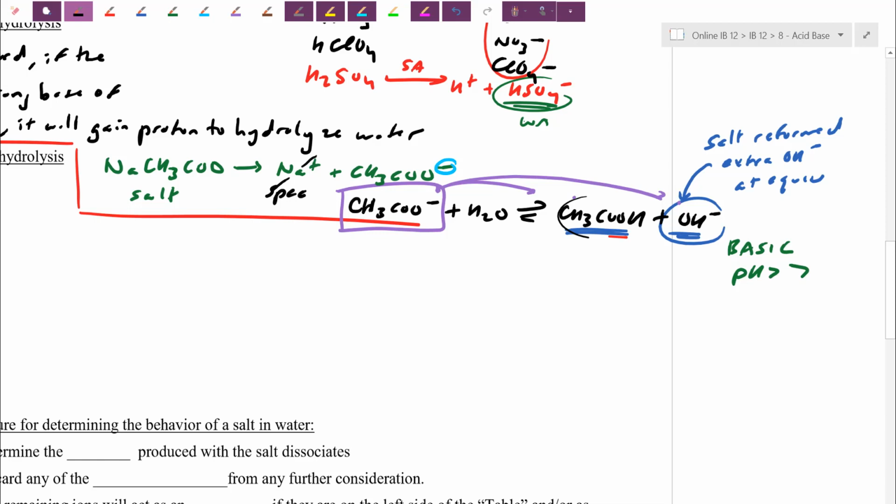actually protonates off. So usually once you write the reaction, here's the ion, here's the hydrolysis with water, figure out whether it's produced OH minus, in this example basic, or if it ends up producing H plus, overall acidic, as we're going to see for cationic hydrolysis.